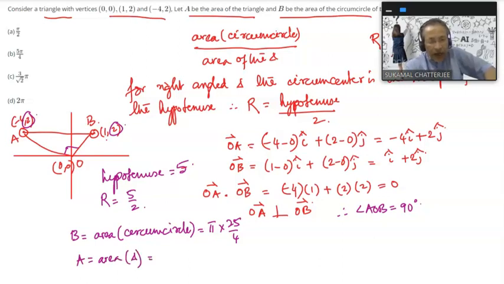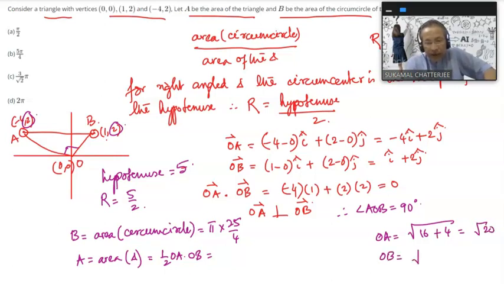and the area of the triangle, which is A, will be given by half OA into OB, where OA is given by square root of 16 plus 4, which is square root of 20, and OB is given by square root of 1 plus 4, which is square root of 5.